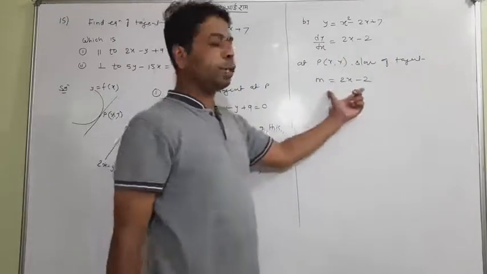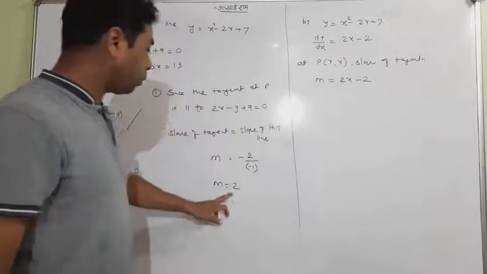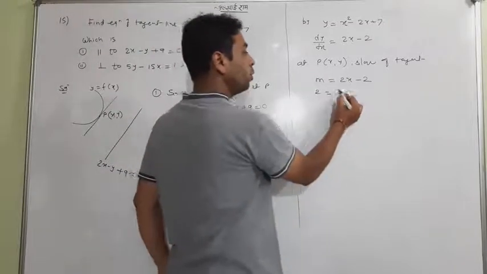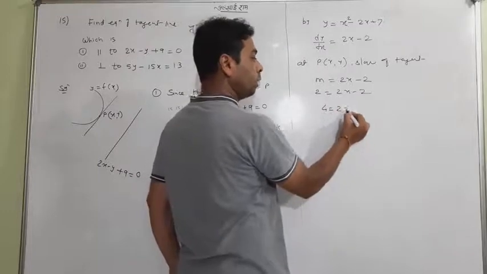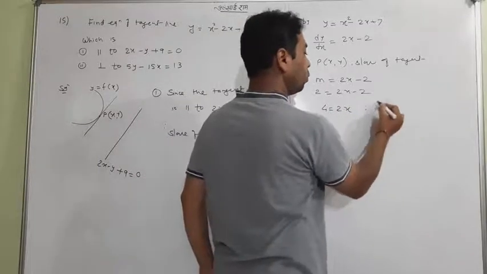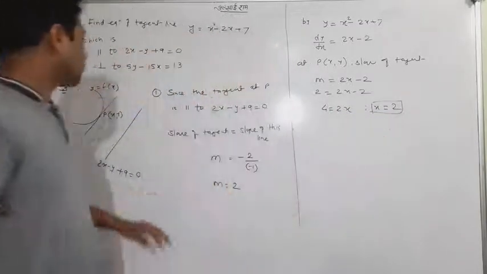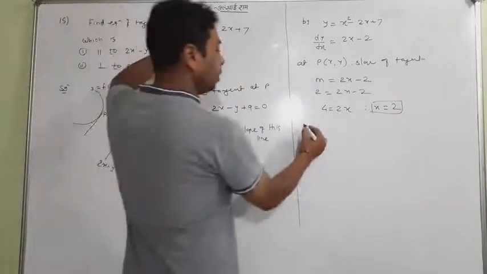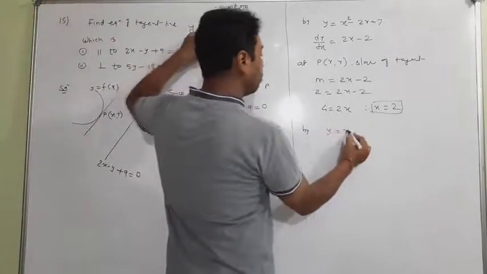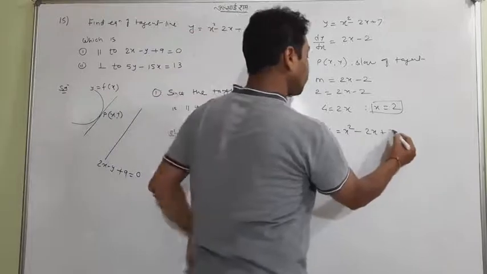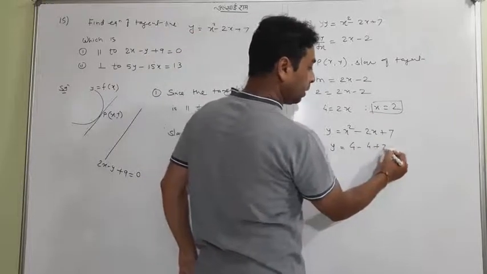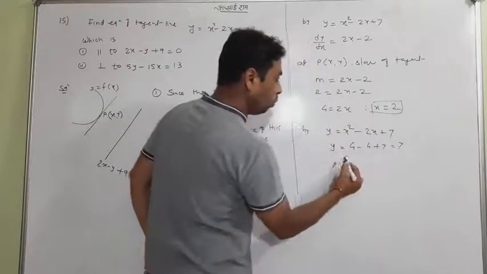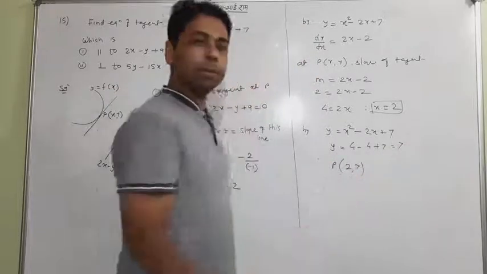So m equal to 2x minus 2 has come, and m is already 2, so 2x minus 2 equals 2, I'll transfer, 4 equal to 2x, so x equal to 2. Now I will put x equal to 2 in the curve y is equal to x squared minus 2x plus 7. 2 twos are 4, minus 2 twos are 4, plus 7 equal to 7. So P we have got is (2, 7).